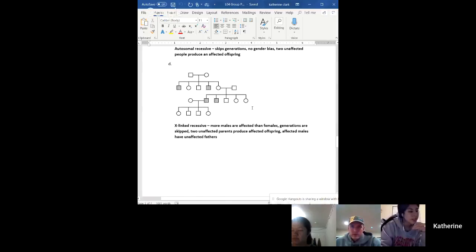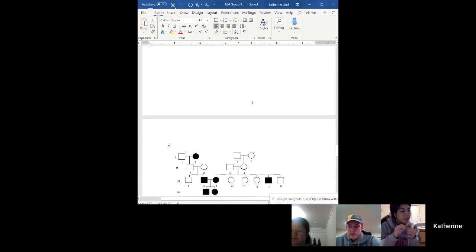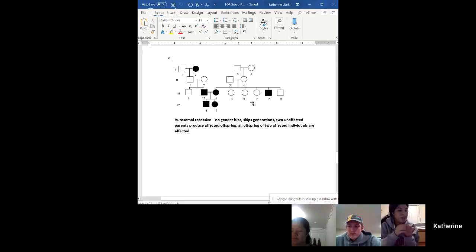And then for D, I said it was X-linked recessive because the males after the first generation were affected, and there's more males affected than females in general. And then for E, it was autosomal recessive because there's no gender bias, and the unaffected parents had affected offspring as well.